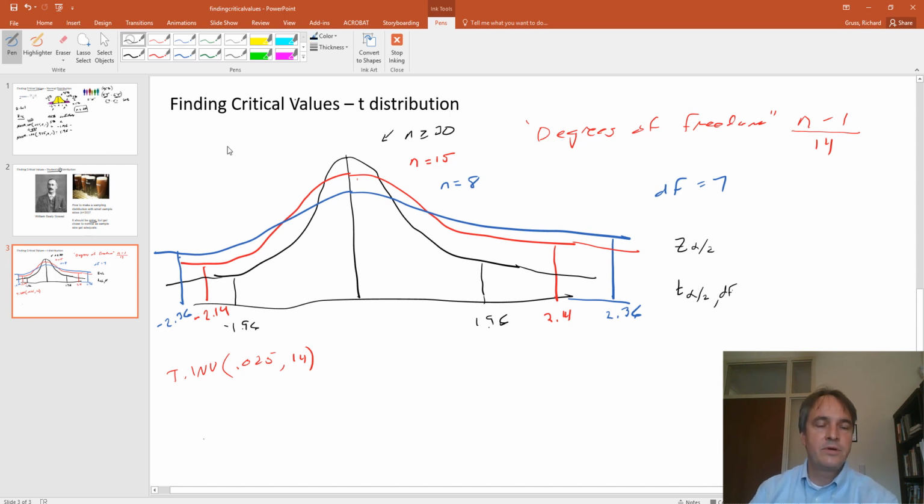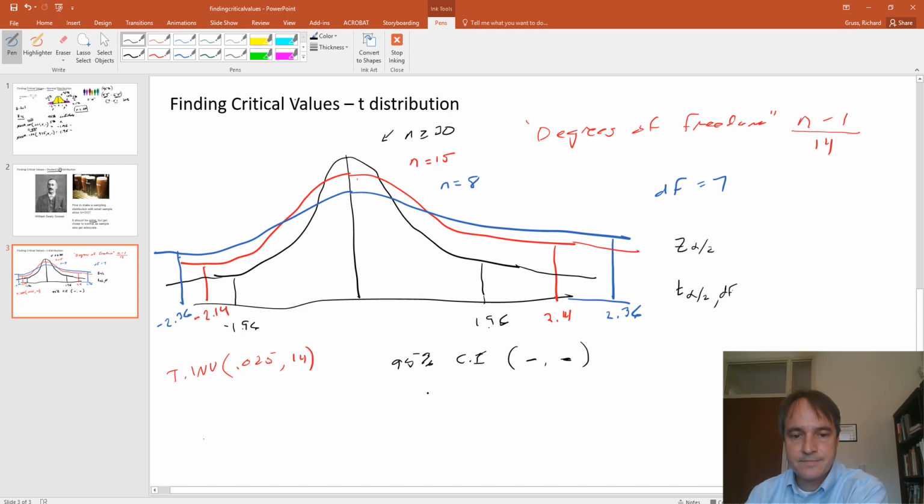So notice that if we're going to make a confidence interval, going back to our heights example, a 95% confidence interval where we say we can say with 95% certainty that the heights are between this value and this value.